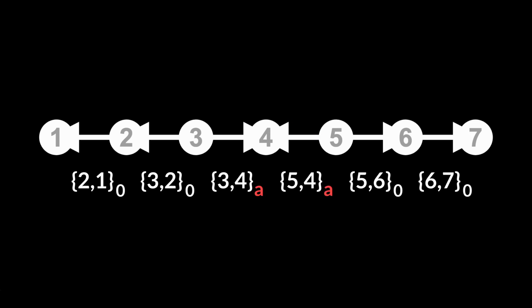And the suffix a? Well, in contrast to the suffix 0, which indicates that an edge existed at the beginning of the universe, the suffix a indicates that the edge was created by event A. So now we have a way of distinguishing edges that existed at the beginning of the universe from edges created by subsequent events. And, crucially, we have a way of identifying events from the edges they match.